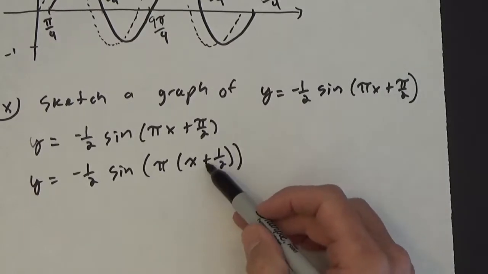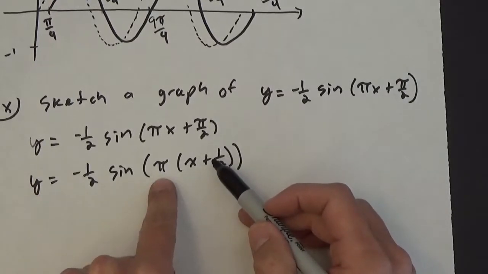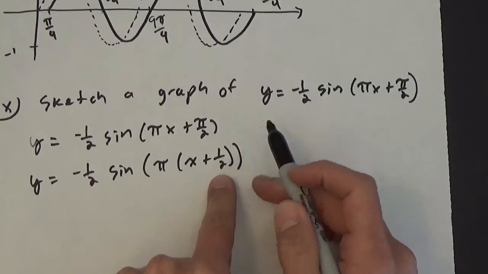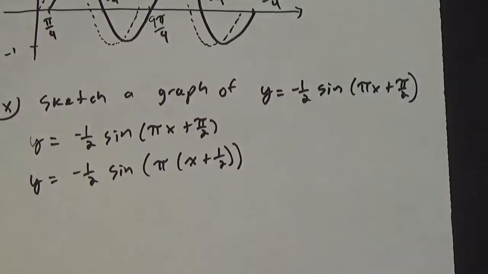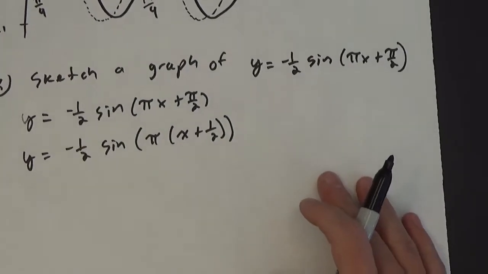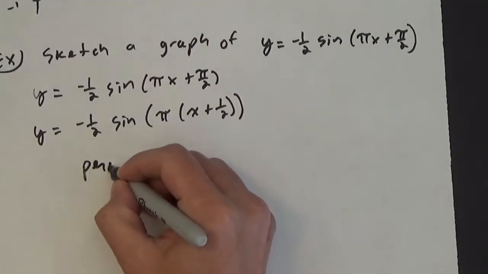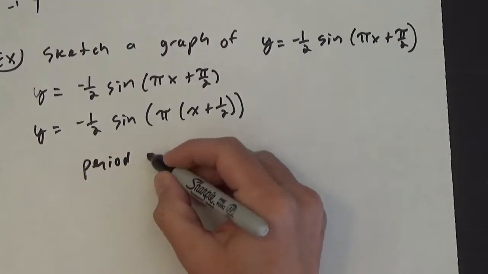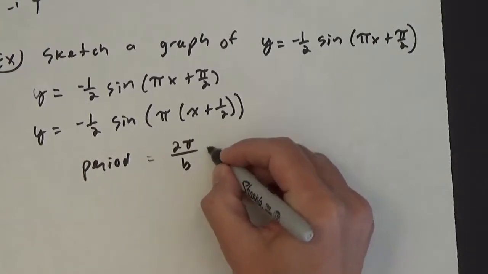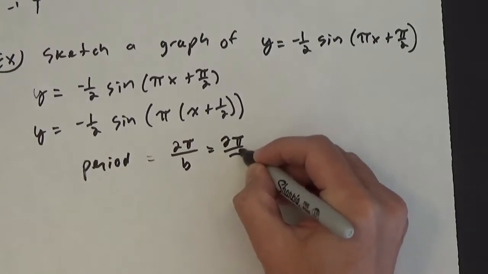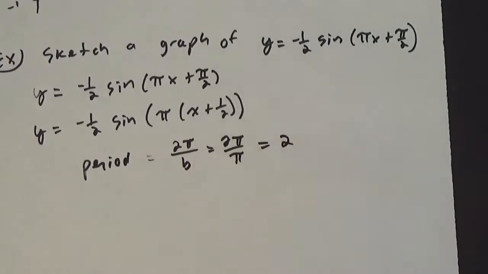Then I can see, once we take into account our period change, how much we're shifting it to the left or right. In this case, we're moving it to the left 1/2 unit. Okay, so let's get our period. Our period is equal to 2 pi over b. So that's 2 pi over pi, so we have a period of 2.